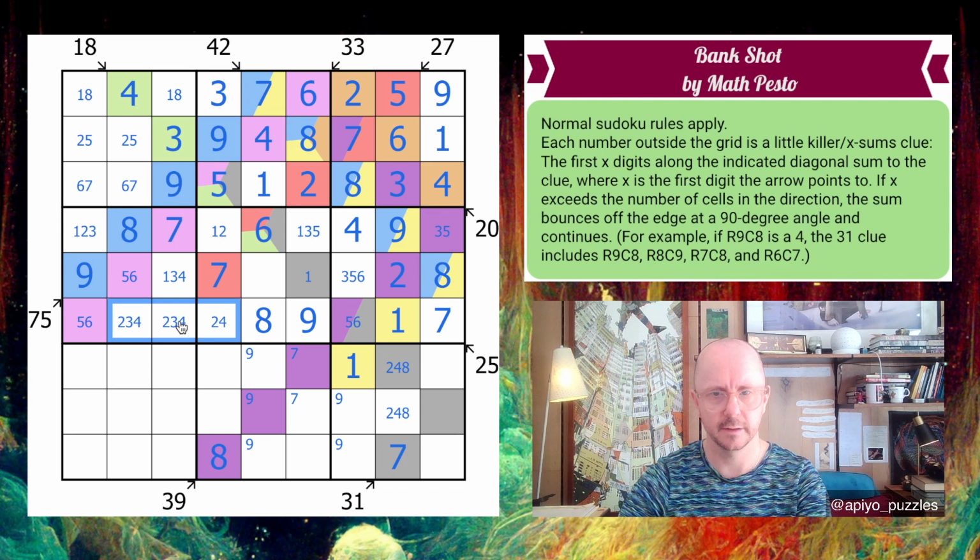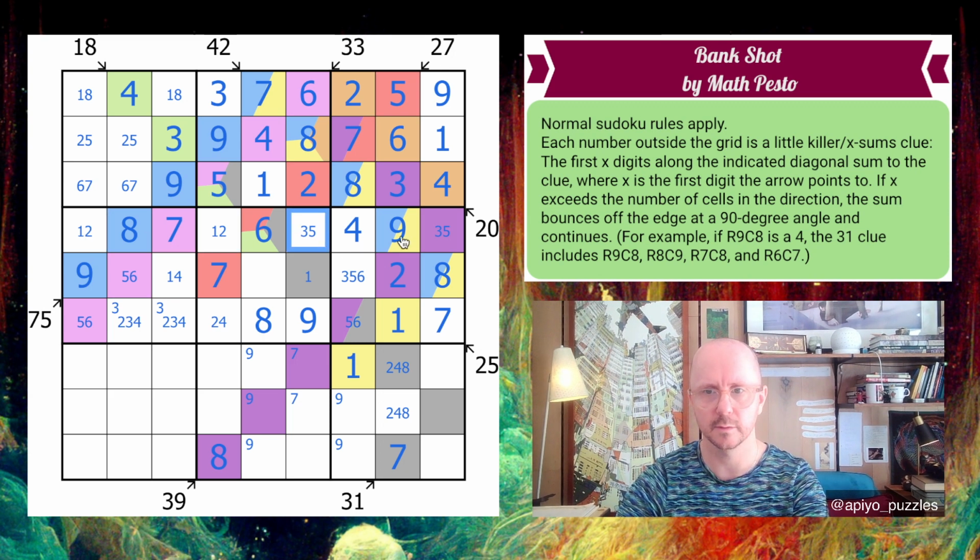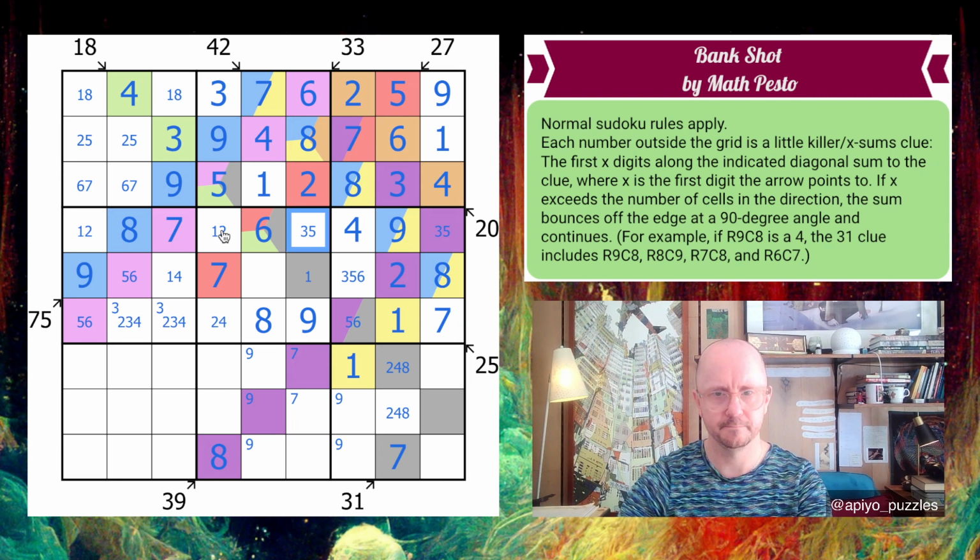That's fine. There is a 3 in here because of that triple. So that's not a 3 and that's not a 3. We've got a 1, 2 pair there now, so that's not a 1. 3, 5 pair. Now, down in this column we need 1, 2, 4 and 6. So there's still a 6 to place down here.